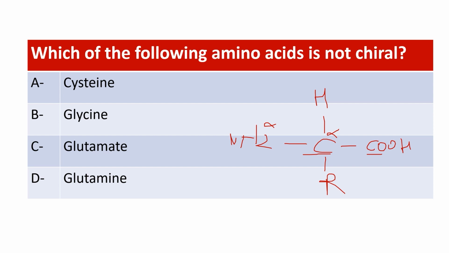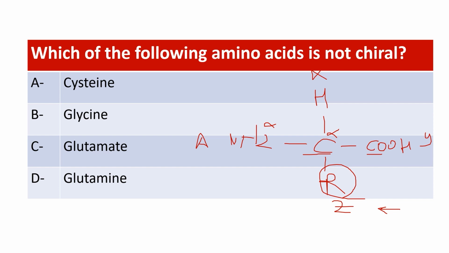So for a molecule to be chiral, there must be 4 different elements or 4 different groups. So X, Y, Z and A pattern. And so X, Y and A we have, but the rest is the R group here, which is the variable group, the variable carbon backbone.